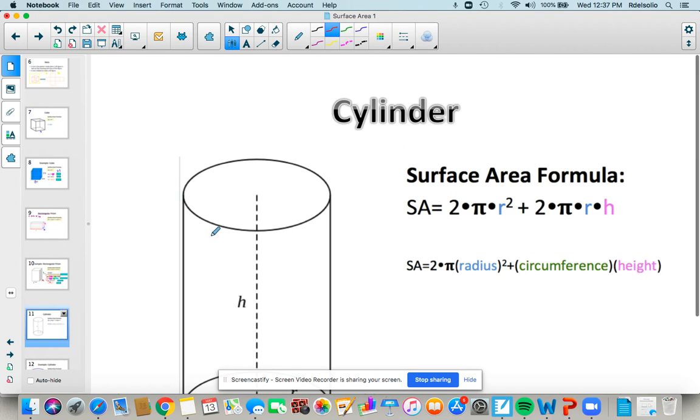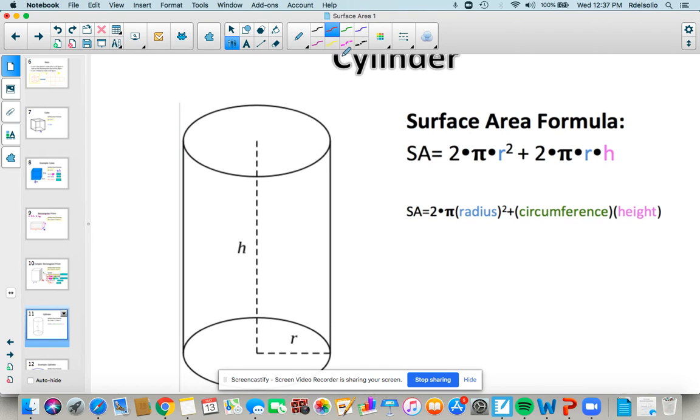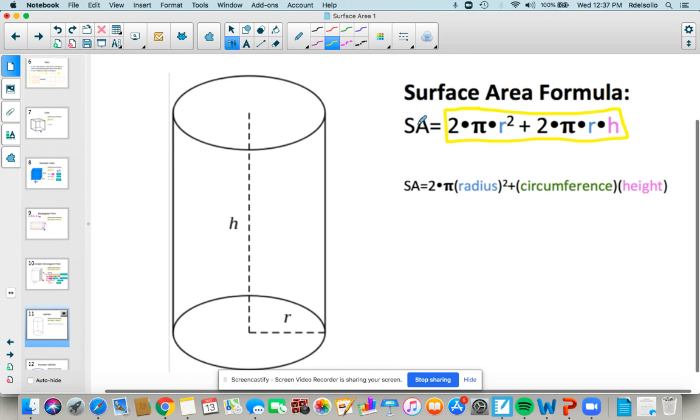All right, the next surface area we are going to talk about is the surface area for a cylinder. So the formula for surface area of a cylinder is 2 times pi times r squared plus 2 times pi times r times h. Now here I broke down what that means.